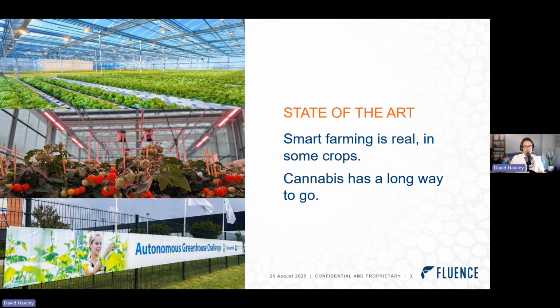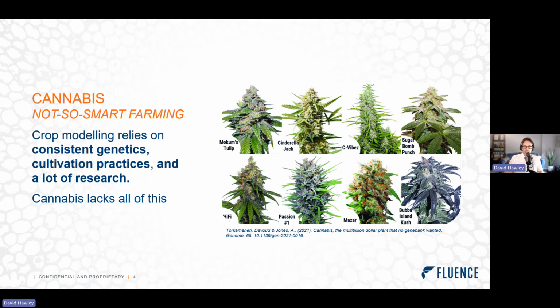Cannabis has a long, long way to go. So think about this, right? Cannabis doesn't have consistent genetics, and cannabis does not have consistent cultivation practices, right? If I'm driving a cultivar called Blue Dream at a research center down the road at Texas Original Compassionate Cultivation, that Blue Dream was pheno-hunted out of 1,000 or 5,000 seeds that also were genetically diverse, right?